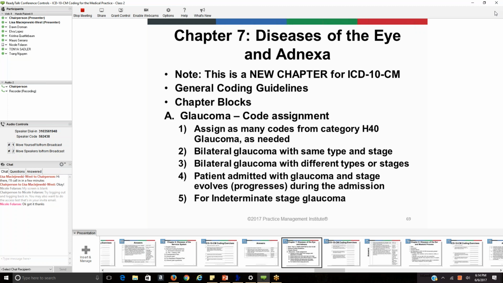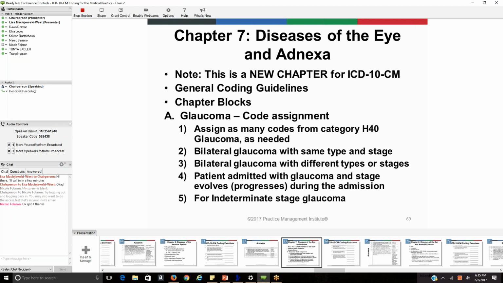There are also excludes notes, and if you remember our general coding guidelines from last night, excludes 2 generally means that if you have a condition that is present as well as the eye condition, those 2 conditions can be coded together.